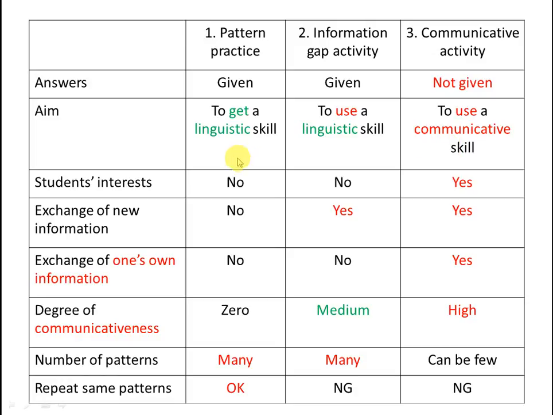Okay, the next point is the students' interest. The students are not interested in the contents of pattern practice at all, because the contents of pattern practice are not real at all. And we can say the same thing about information gap activity.